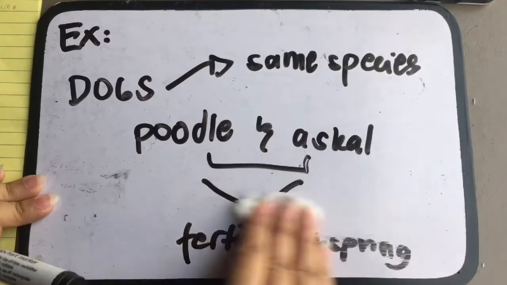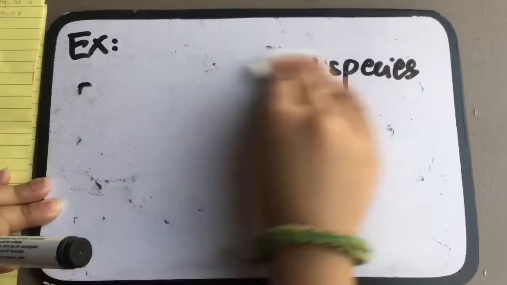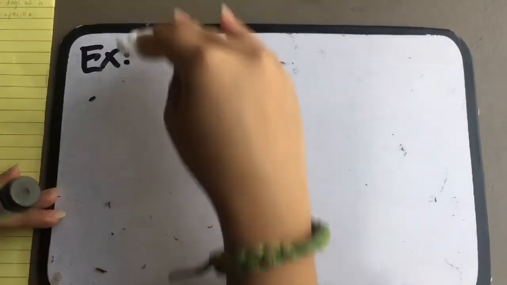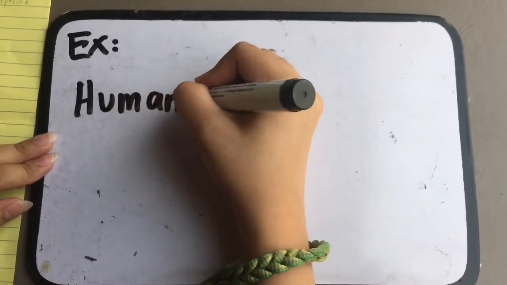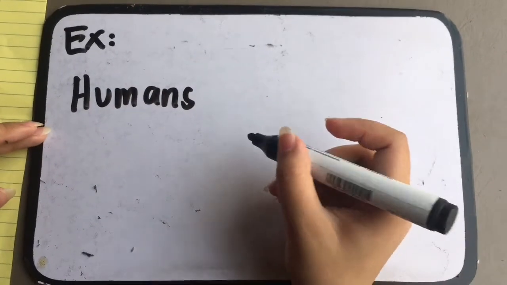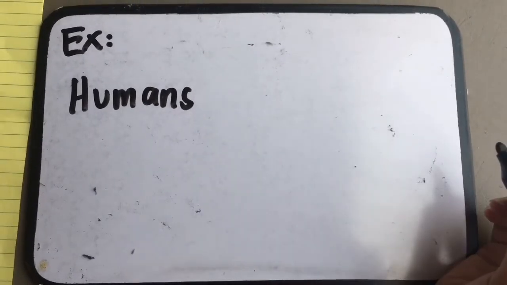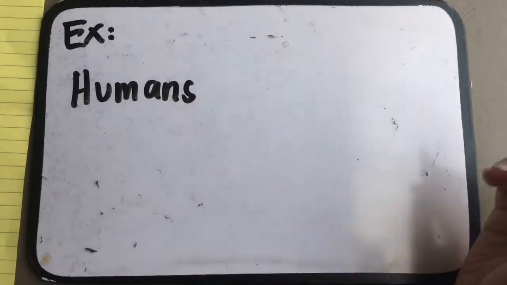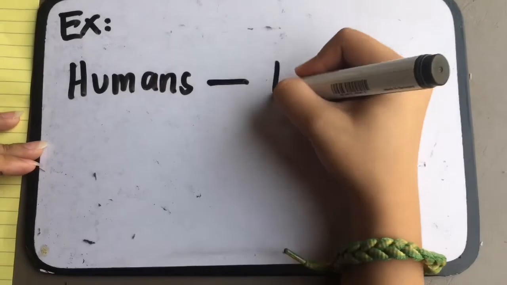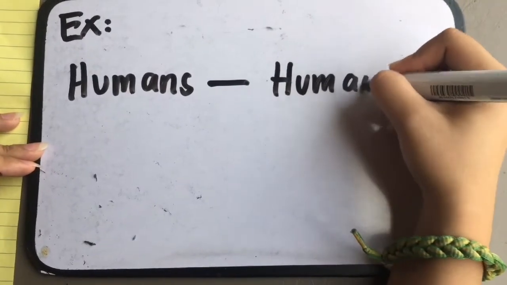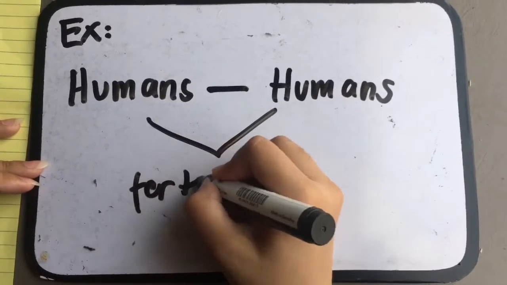So, another example to further understand this is humans. Humans have different skin color, different height, and different behavior. But humans can interbreed with other humans and still produce fertile offspring.